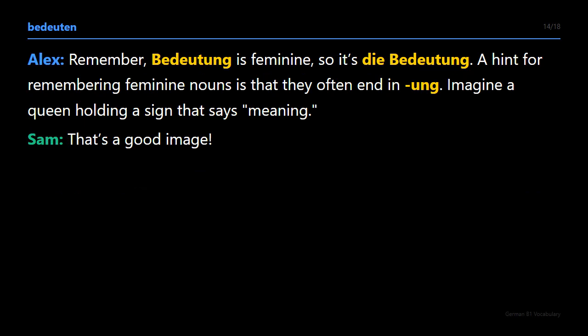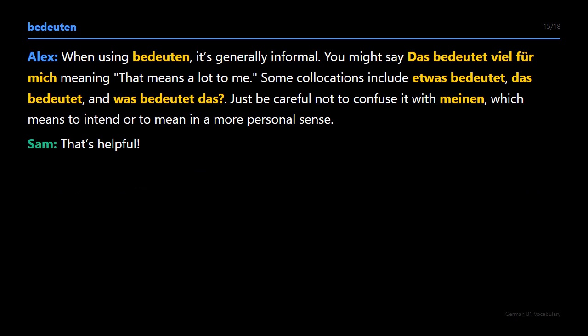That's a good image. When using bedeuten, it's generally informal. You might say, das bedeutet viel für mich, meaning, that means a lot to me.